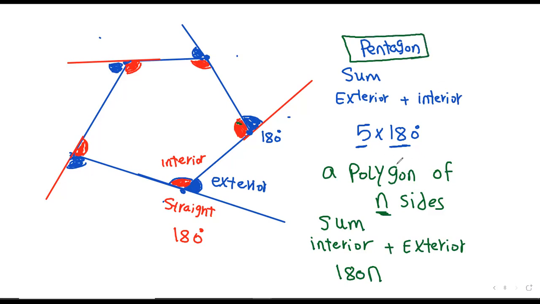And if I'm talking about a polygon of 6 sides, the sum of interior and exterior angles equals 180 multiplied by 6. If the polygon has 7 sides, the sum of interior and exterior angles equals 180 multiplied by 7. What if I'm talking about a polygon of n sides?